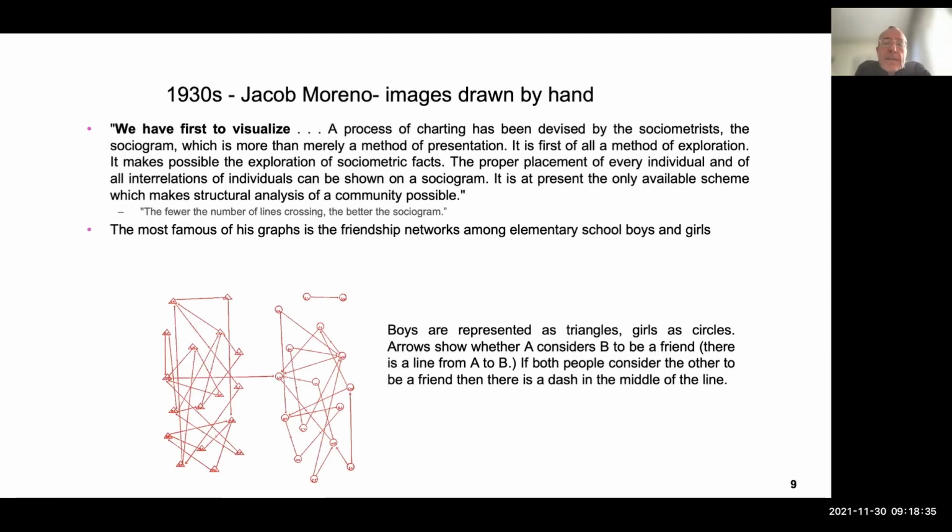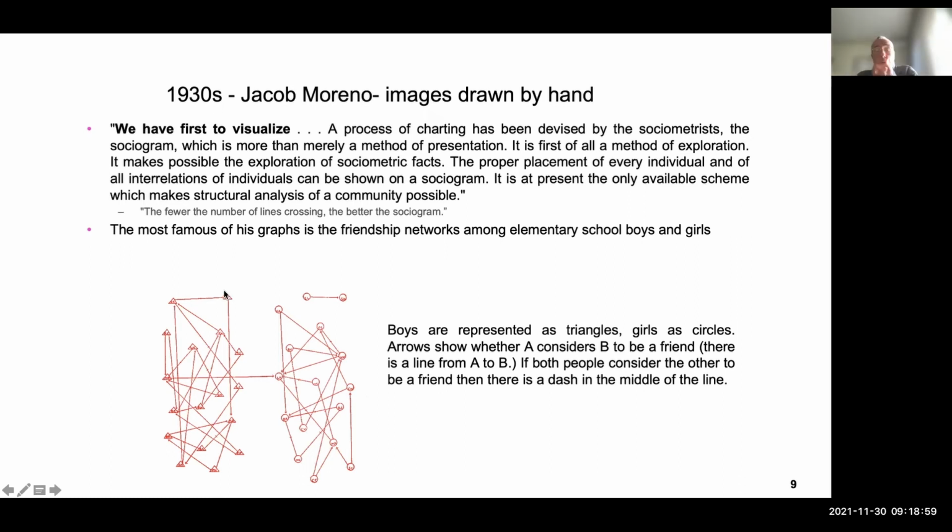But the story started in the 30s with Jacob Moreno, who got the idea that to represent something, we have first to visualize. Now this sentence is old-fashioned. It is obvious, but we are talking about more or less 90 years ago.